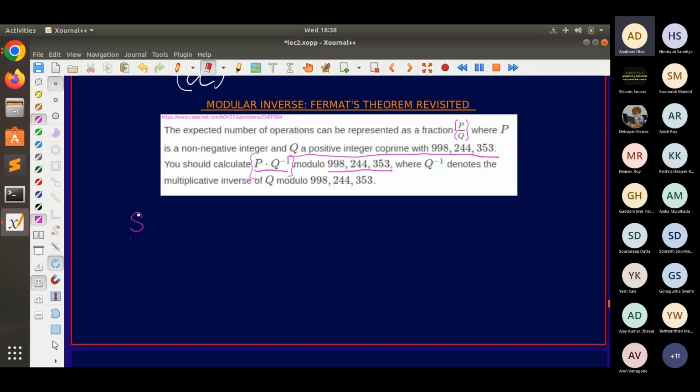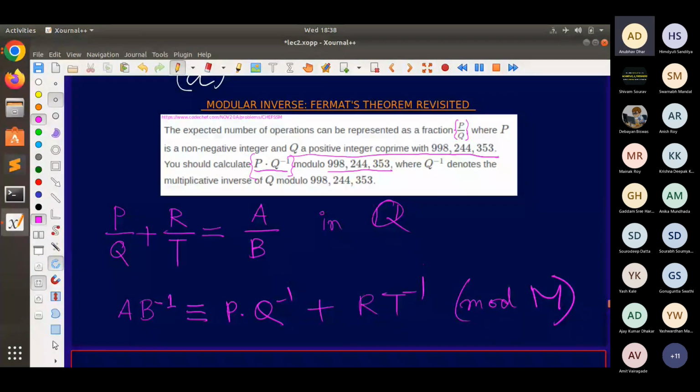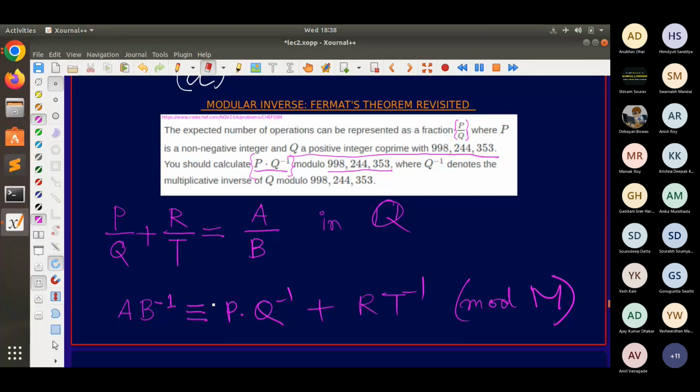More specifically, if you have something like p by q plus r by t, and this is some a by b in normal arithmetic terms, then you will have a times b to the power minus 1 congruent to p modulo M. I won't be proving it, but you can easily prove this by multiplying both sides of the equality by b times q times t.